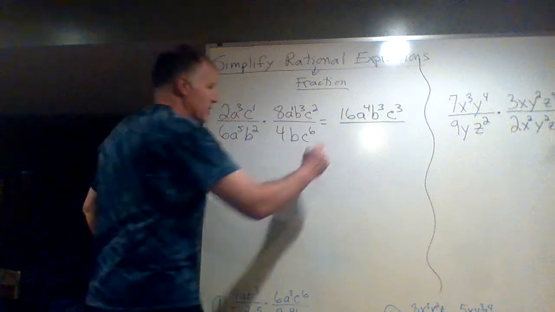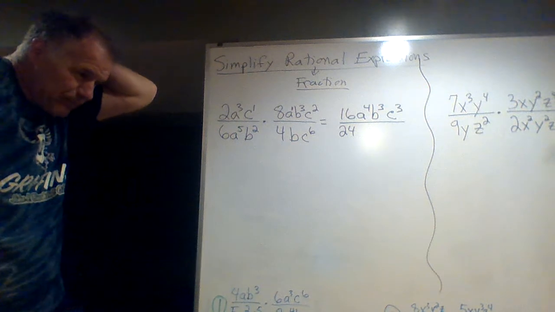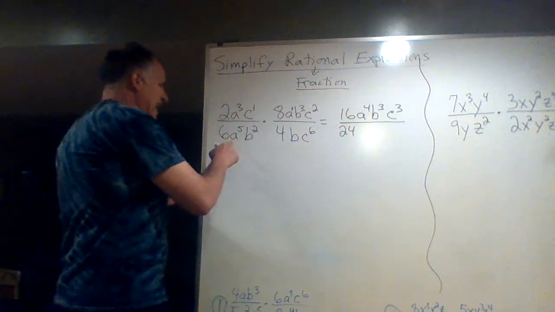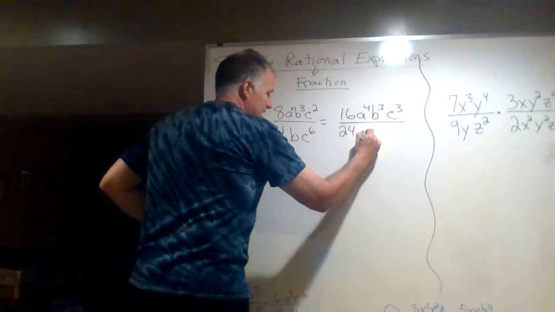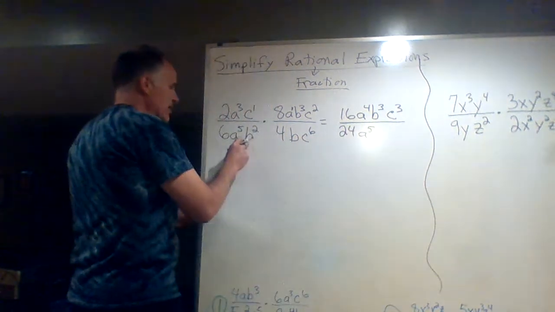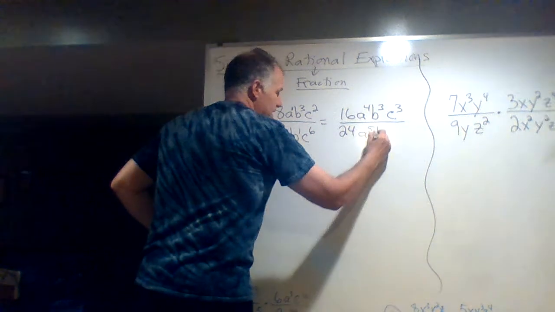6 times 4, 24. Again, remember, we just multiply across the top, multiply across the bottom. a to the 5 and no a just means a to the 5. b squared and b to the 1 makes b cubed.